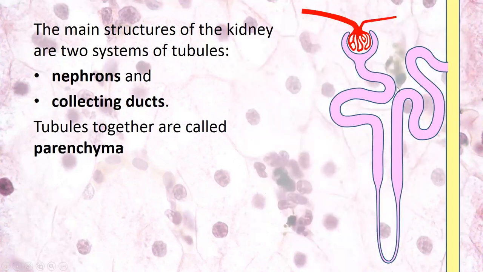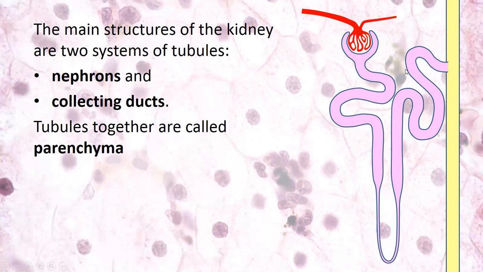Here we can see nephron and its collecting tubule or collecting duct, and they are epithelial structures, and they form parenchyma of the kidneys. Kidneys are parenchymal organs. So parenchymal organs have two components, parenchyma and stroma. Parenchyma is the specific part of the organ.